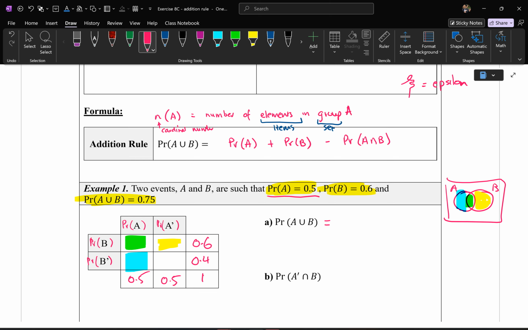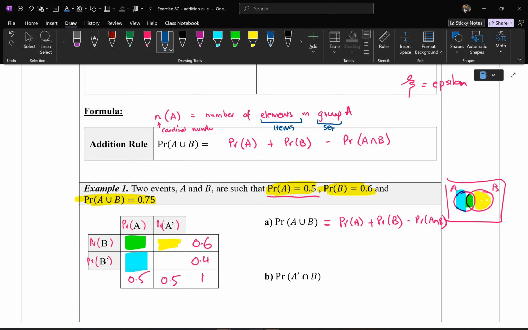Or we also know the rule is probability of A plus probability of B minus probability of A intersect B. Here we go. We can also use this rule to calculate that.